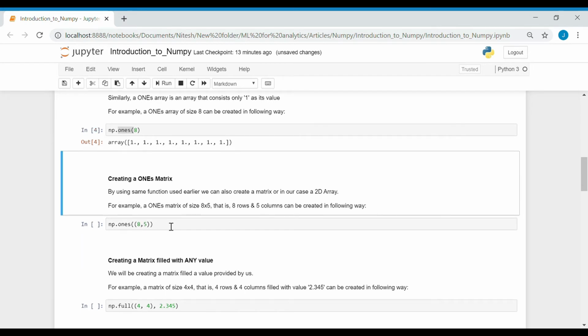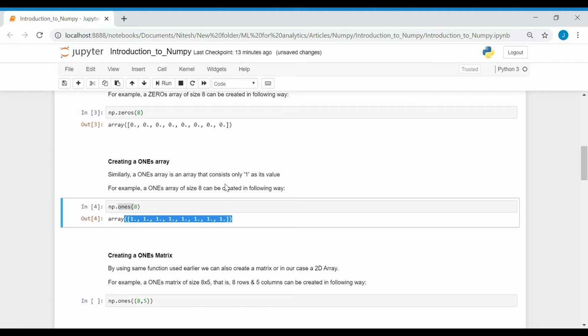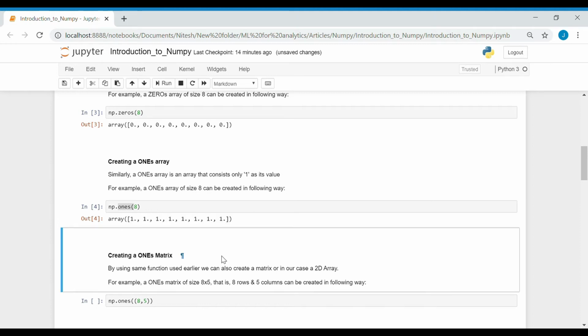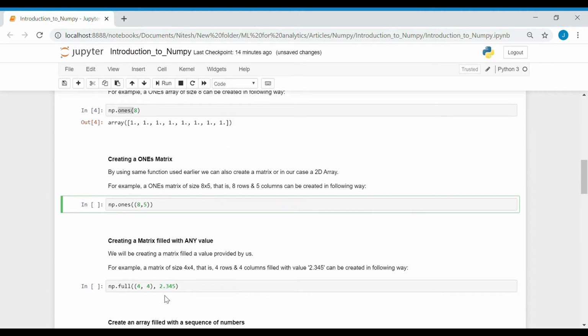So far we have created a single array, or I must say a one-dimensional array. So you may be thinking that is nothing special. How shall we proceed with a 2D array? It is also simple. For a ones array or zeros array, you can just write the same function, and instead of writing the number of elements directly, add one more bracket, and in that bracket provide the number of rows, then the number of columns.